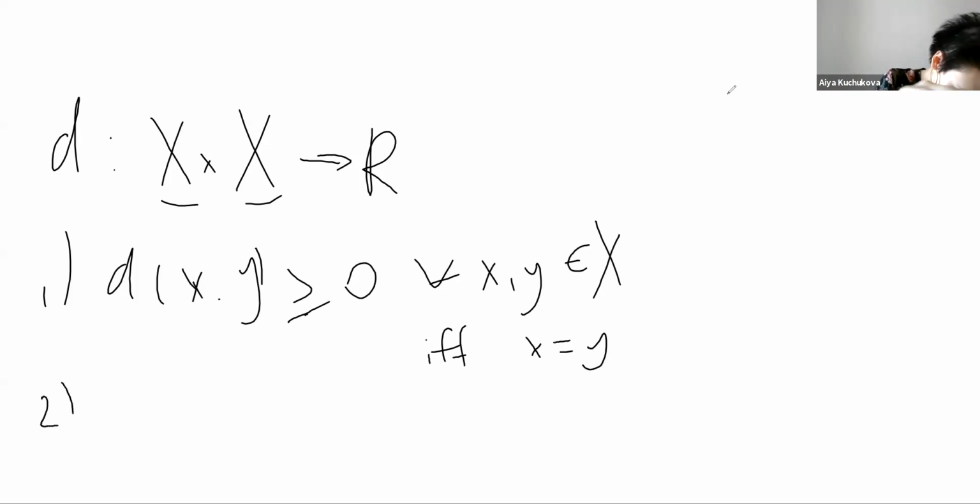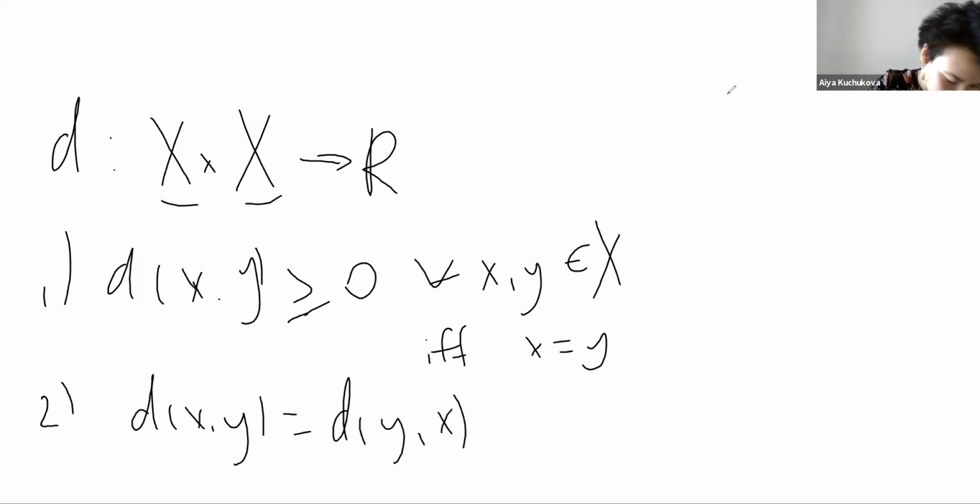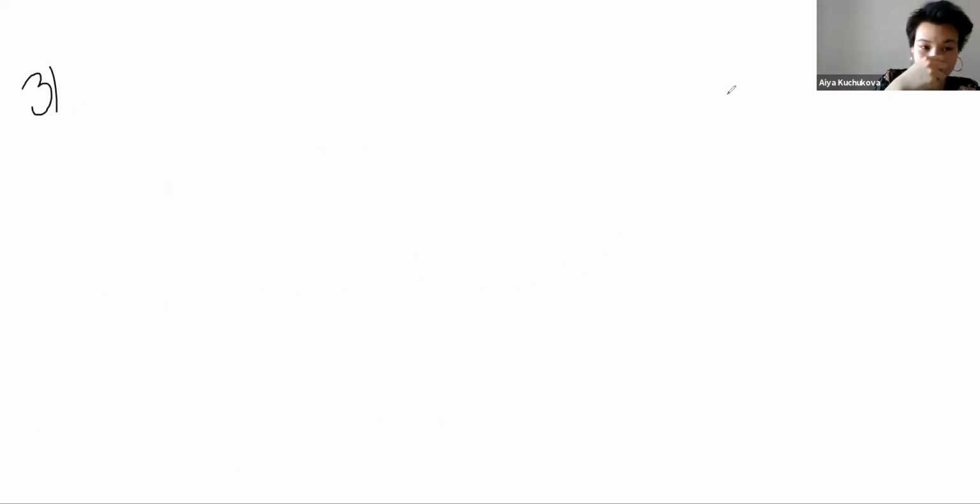And then second, we want it to be without orientation. So you want d(x,y) to equal d(y,x), for all x and y. And then, you can always stop me if you want to see something because I know I erase everything very quickly.